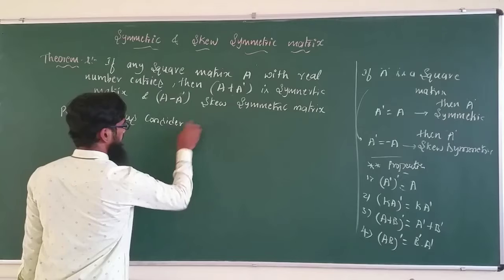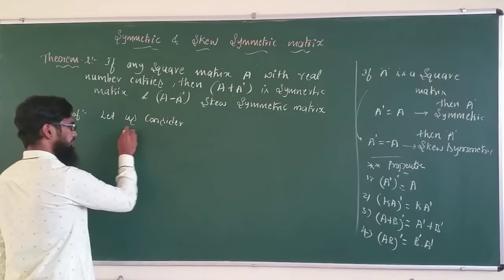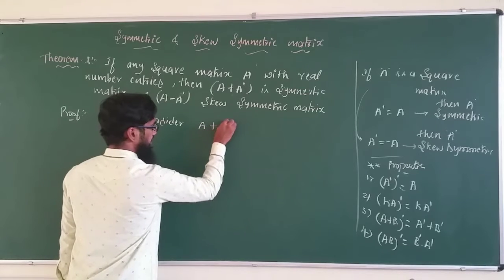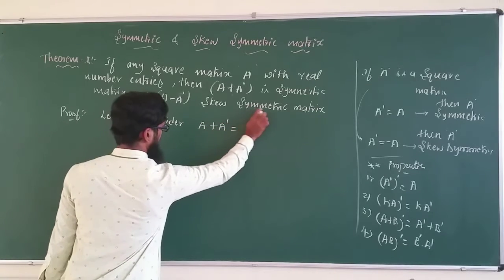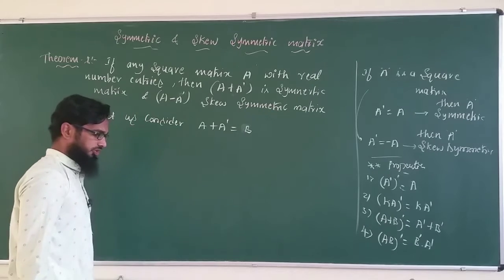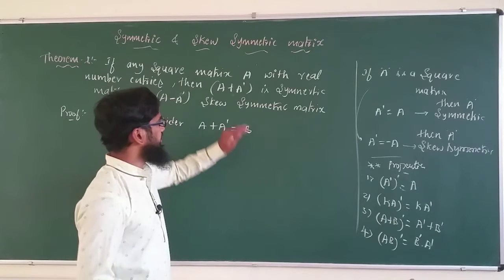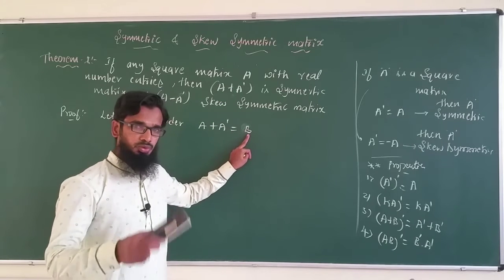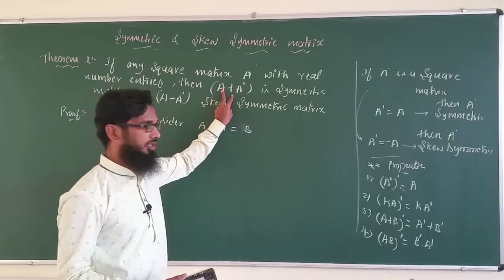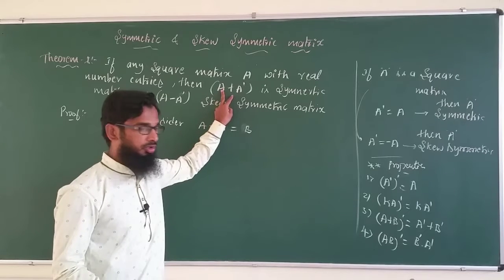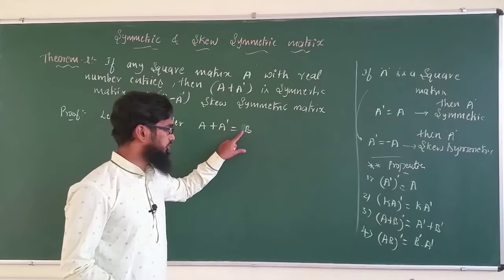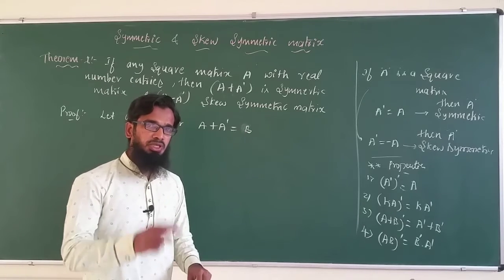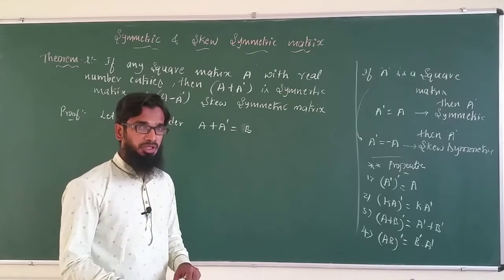Now let us consider A plus A transpose equal to some matrix B. I am just considering this A plus A transpose as some matrix B, and I have to prove that this matrix B is a symmetric matrix.